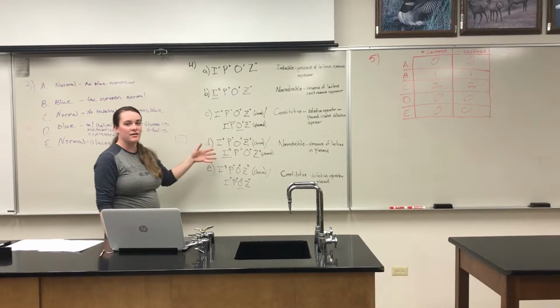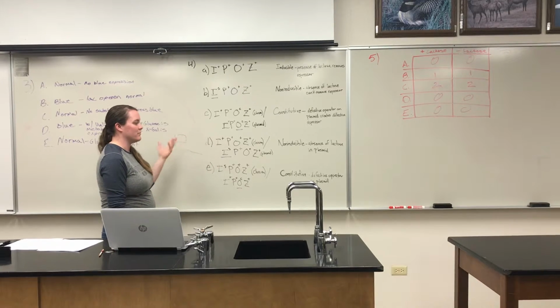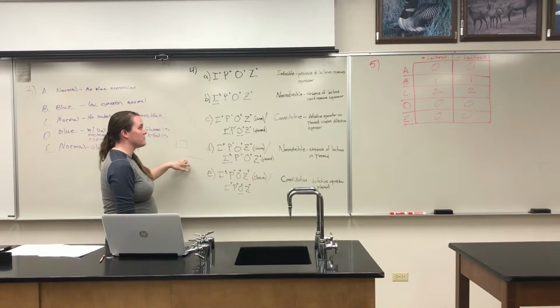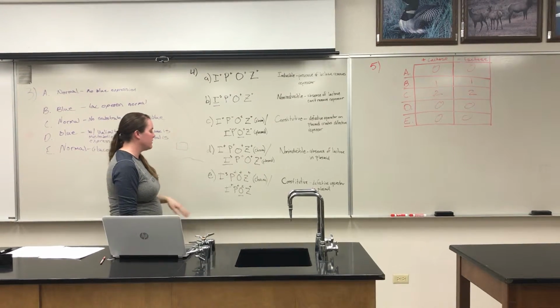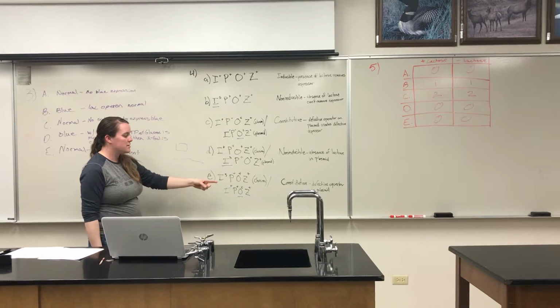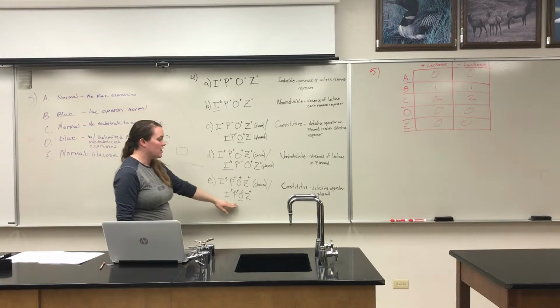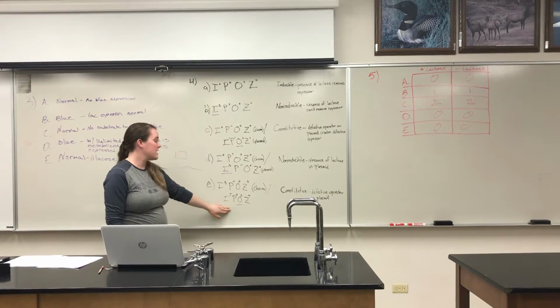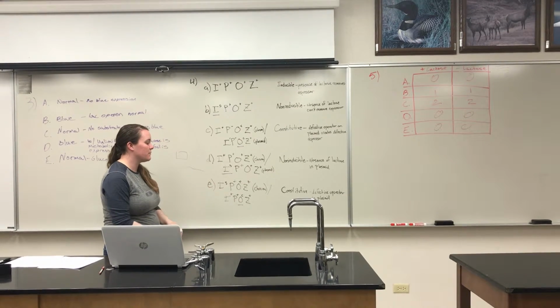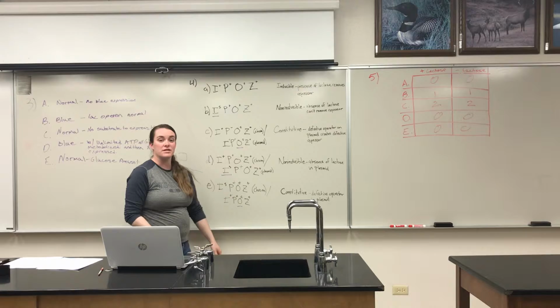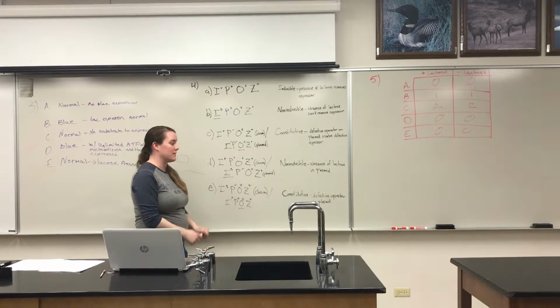So because of that lack of lactose, it's not going to work at all because your repressor is back, just like B. And then E, we put constitutive because again, our operator is defective in our plasmid, which overrides your chromosome, making it so that it's always going to be continually on, continuing processing. So yeah.